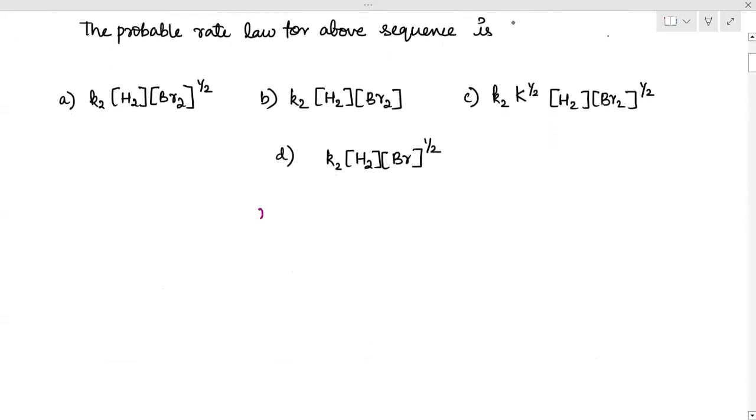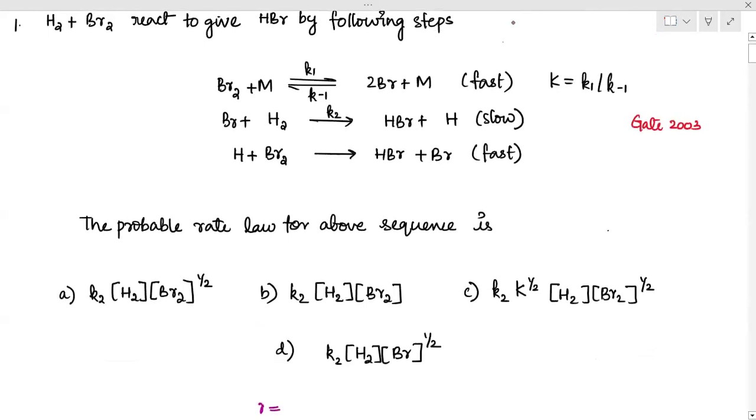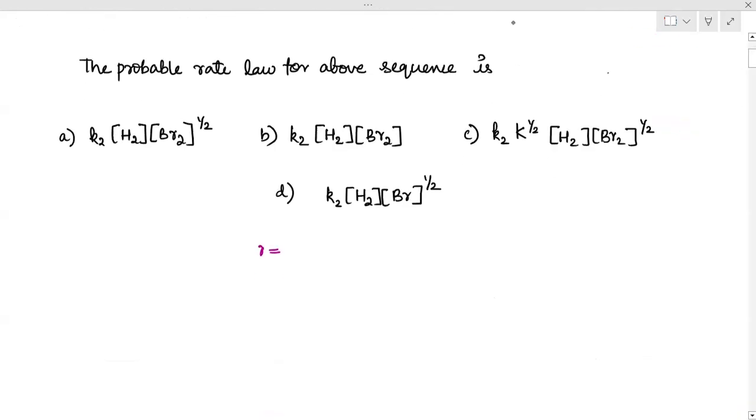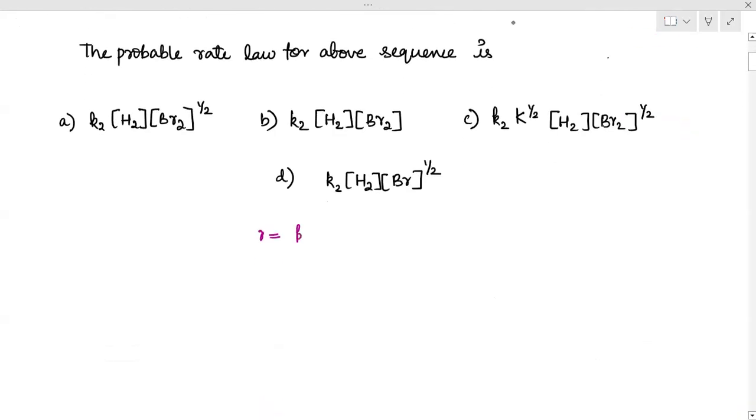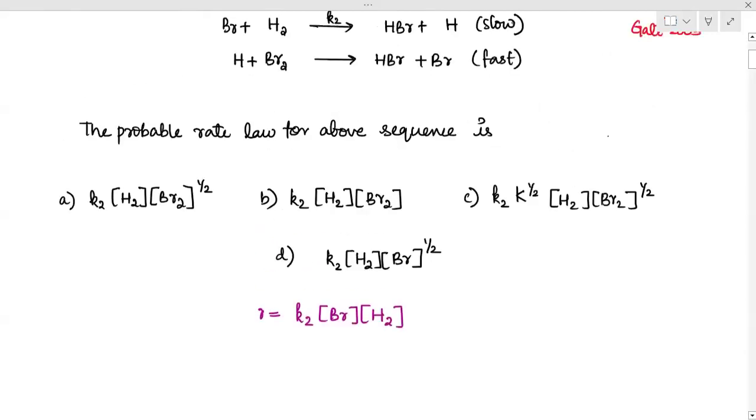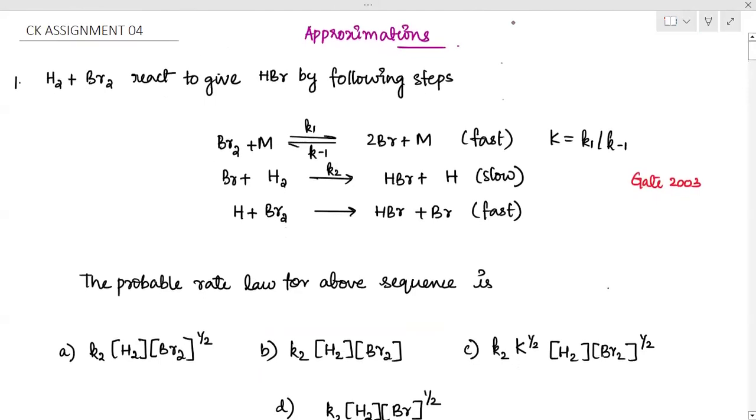So rate is equal to the slowest step over here, which is the second step, where the rate constant is K2. Concentration of the reactants would be Br and H2. Okay, so K2 into Br into concentration of H2. In the question they have said that the reactants are only H2 and Br2, correct?